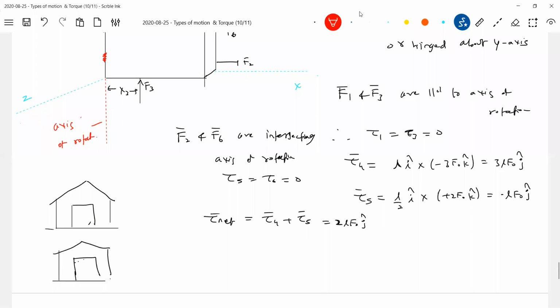And the door I'll show in red color. Is it okay now? It is just like pushed into the house.